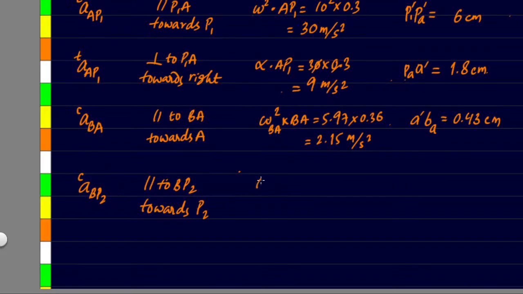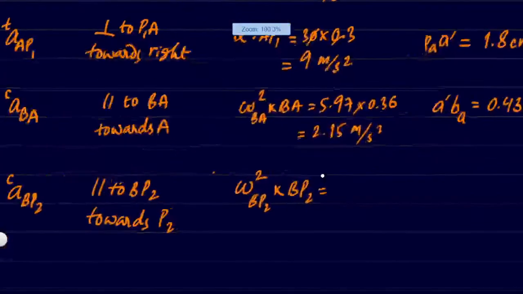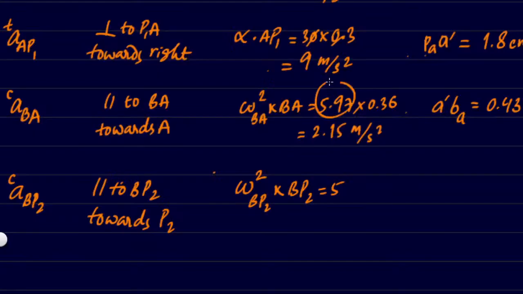This is given as omega of BP2 square into BP2. Omega of BP2 we got as 5.97. Yeah, I missed the square from the previous case, so we will have to redo it.